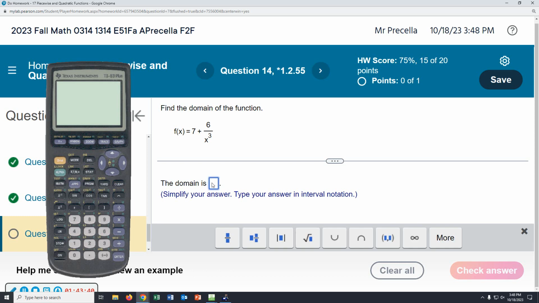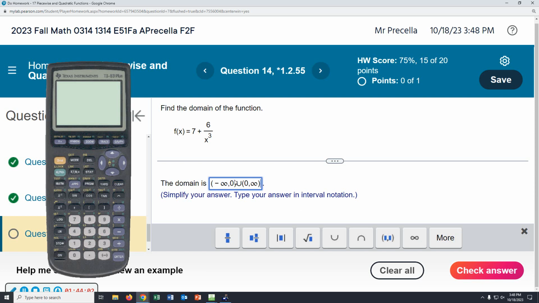Y'all remember how to do that with interval notation? It's negative infinity, comma 0, close parentheses, union, parentheses, 0, comma, infinity.